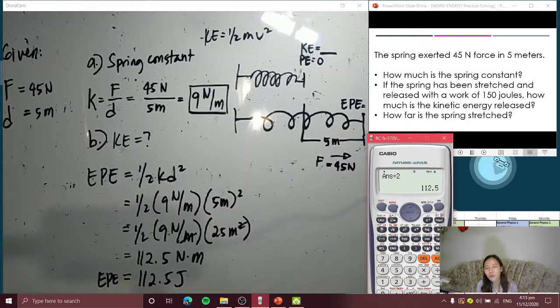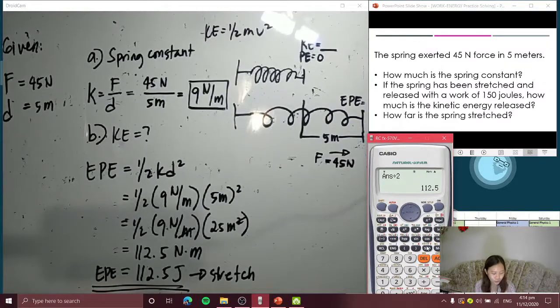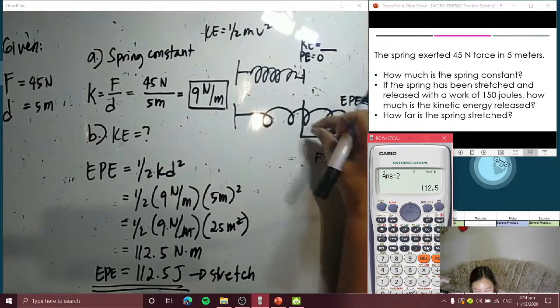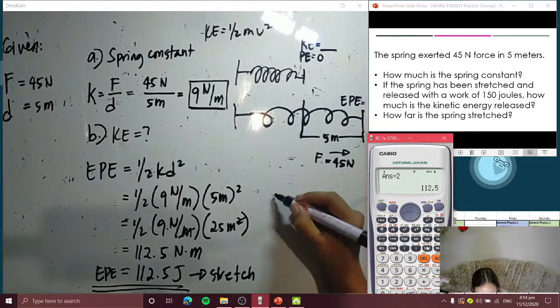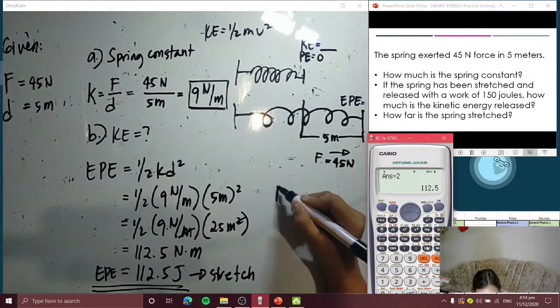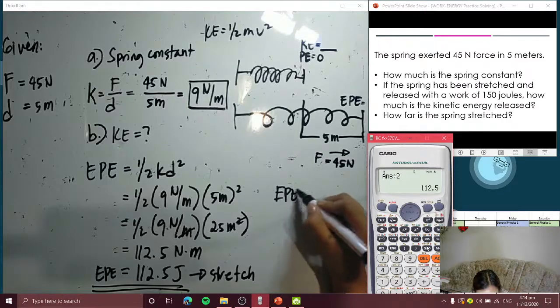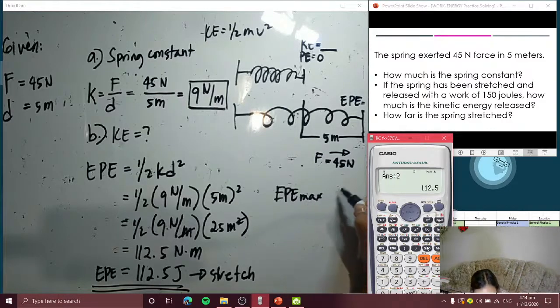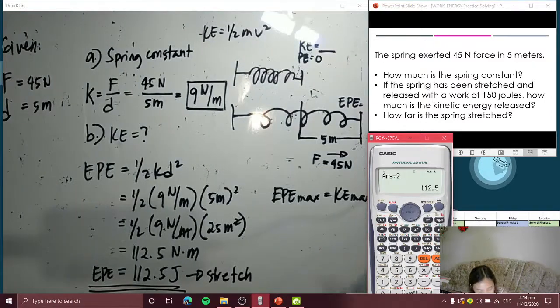Now, how about if i-release mo na ang imong spring? This is for the EPE pag-stretch mo. Now, pila ang iya nga energy pag-release mo? The maximum EPE is equal to your KE maximum. Take note of that.